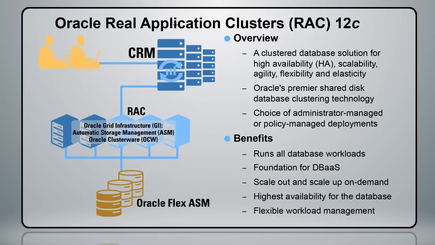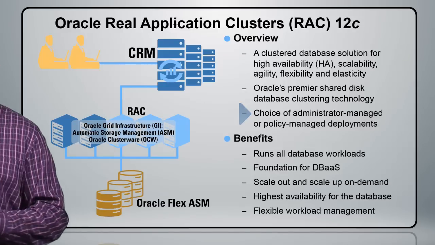It's Oracle's premier shared disk database clustering technology, and it provides you a choice for administrator and policy managed environments. The difference is you can use Oracle RAC either in dedicated environments, in which case you probably want to use administrator managed deployment models, or you can use Oracle RAC for policy managed deployments, which means you standardize on Oracle RAC for all sorts of use cases.